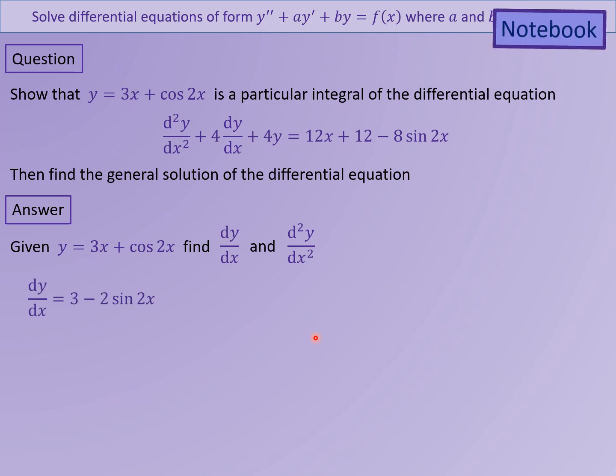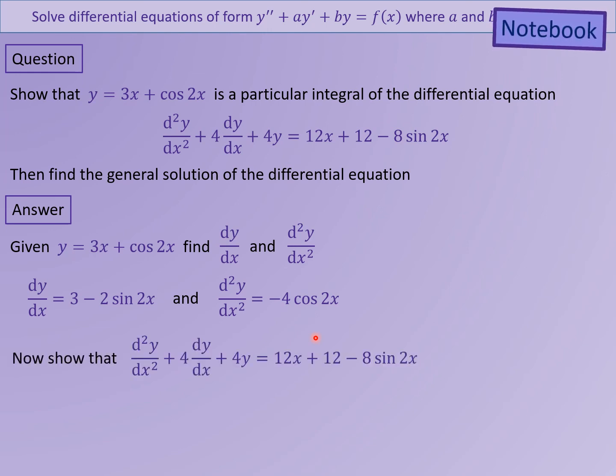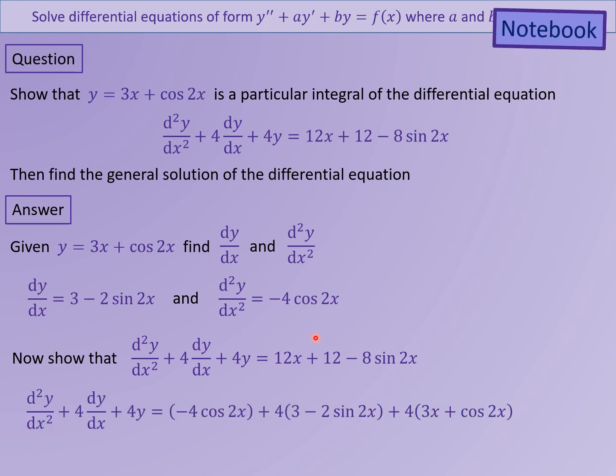So we get 3 minus 2x when you differentiate the first time, and then of course that's going to go to minus 4 cos 2x when you've differentiated it the second time. And once we've differentiated both of those, we can substitute them in, and hopefully we're going to get to 12x plus 12 minus 8 sine 2x.